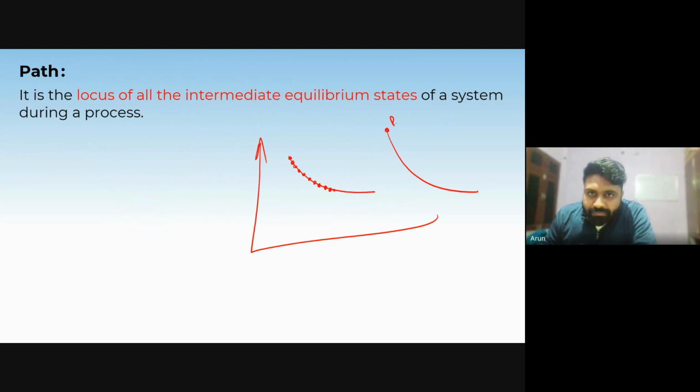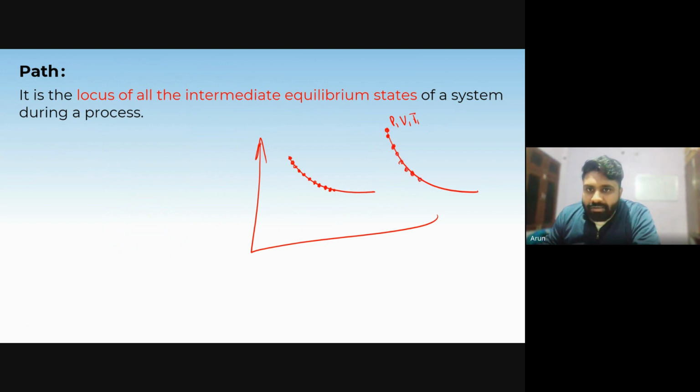We have, let's say, P1, V1, T1. Then, very close to it, we have changed it to another equilibrium state, because in that equilibrium we are able to measure the temperature, volume and pressure. Again we change it, again.